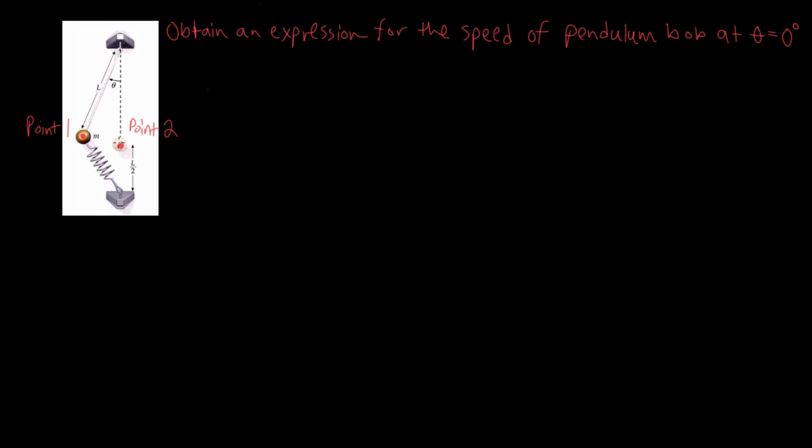So all of the energy in the pendulum bob at 0.1 equals all of the energy of the pendulum bob at 0.2. Energy remains constant, or in other words, energy is conserved. So we can write a conservation of energy statement that the pendulum's energy at 0.1 equals the pendulum's energy at 0.2.